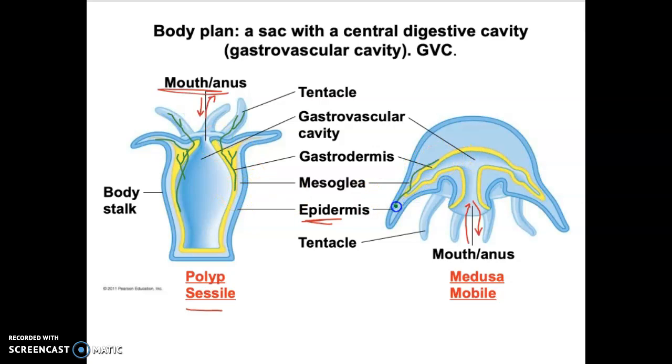In some of the jellyfish, it kind of concentrates into a very, very primitive brain. That's kind of a stretch to call it a brain. Brain-like structure might be a better description, but the nerve net allows them to react to stimulus.